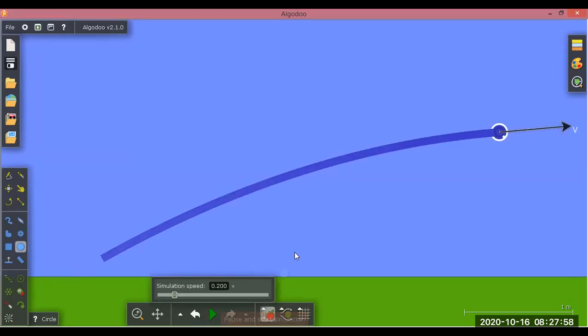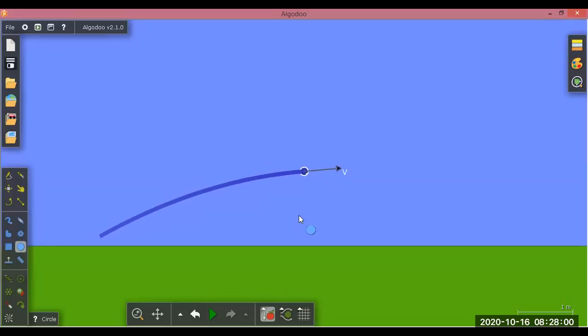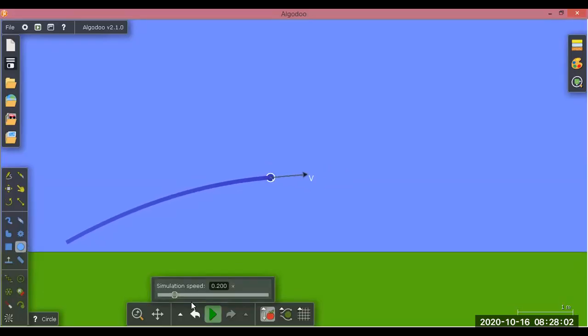It's still not at its maximum height, right? I hope all of you are seeing it's still not at its maximum height. You see, now it is at its maximum height, nearly. I tried my best to stop it over there. If I allow it to play further, it will fall down like this.